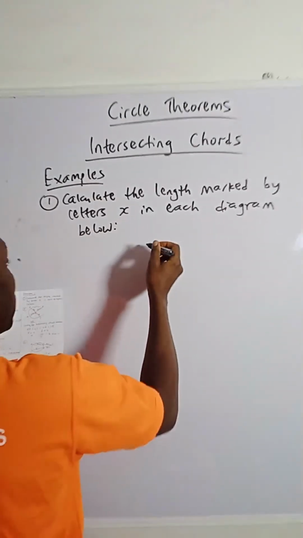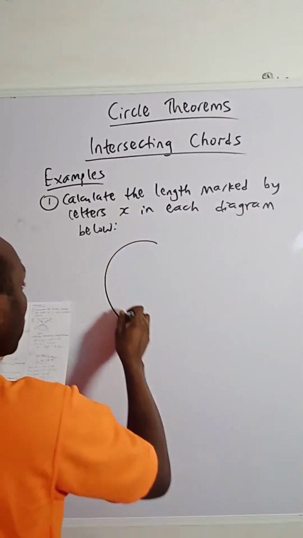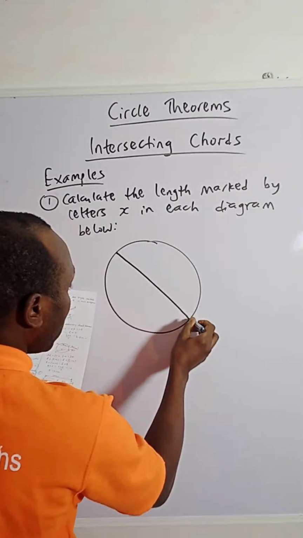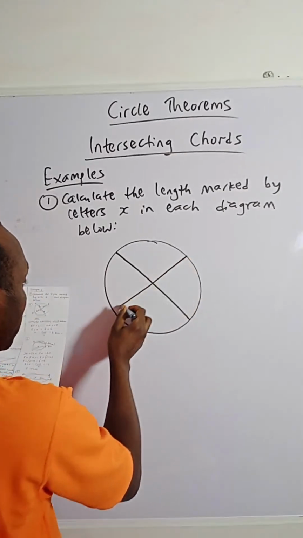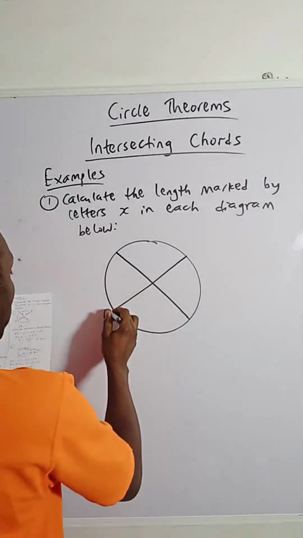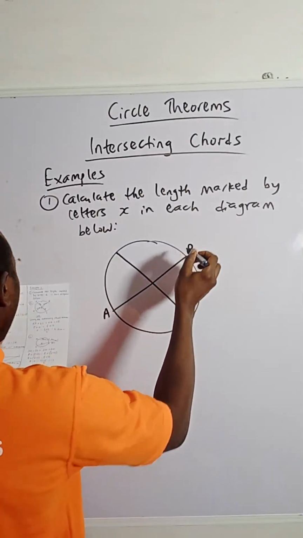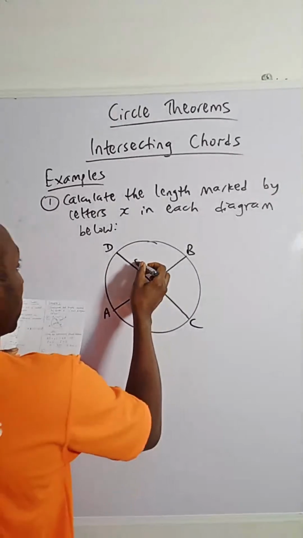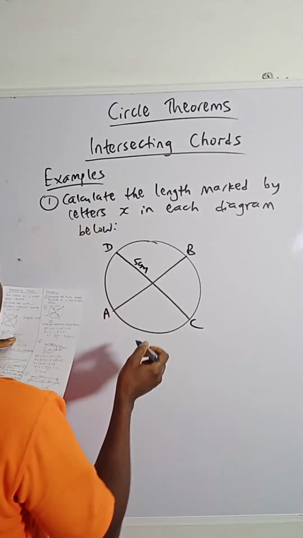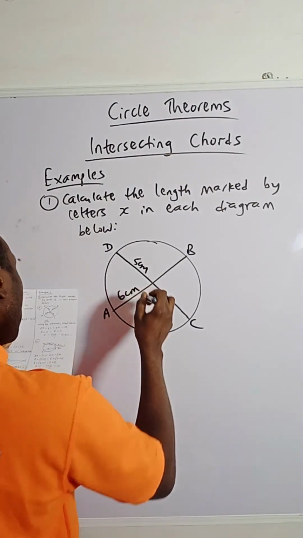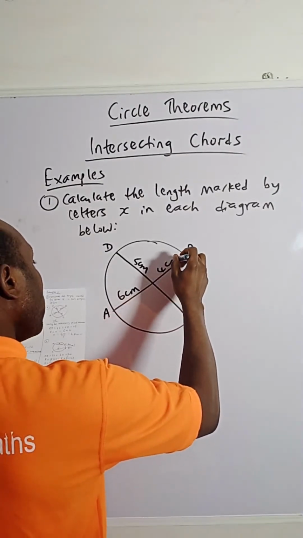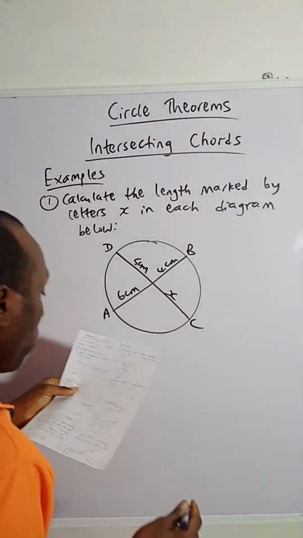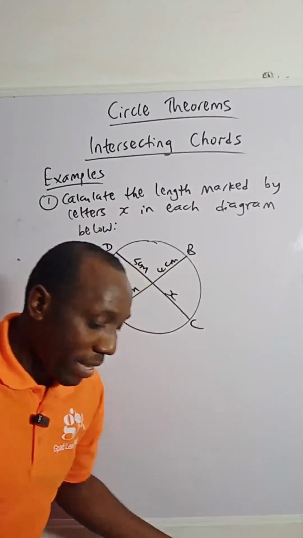Okay, so we have this circle, and here the two chords intersect in the circle. This is AB, and this is CD. This is 5 centimeters, this is 6 centimeters, 4 centimeters. This is X. So we want to get the value of X.